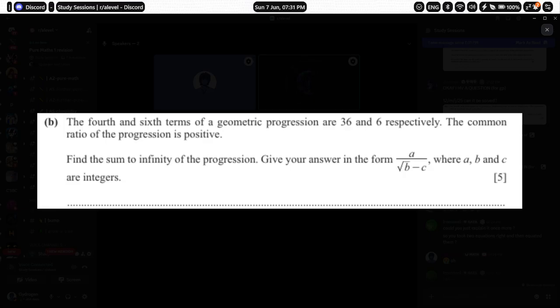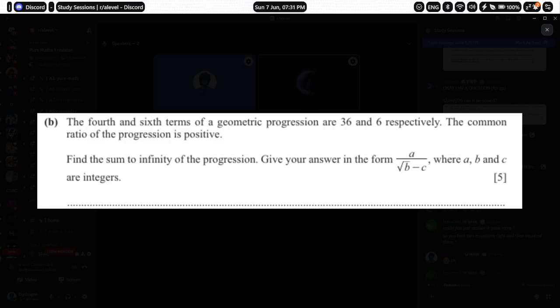Okay, wait, I'll break it down, one second. A r cube is 36, a r to the fifth is 6. How do I break it down? Basically, if you multiply 6 by 6, you get 36, right?